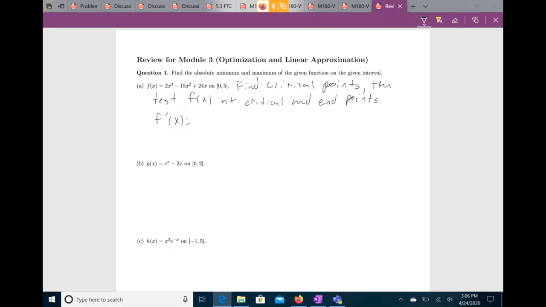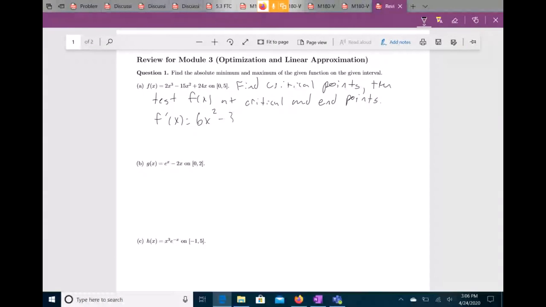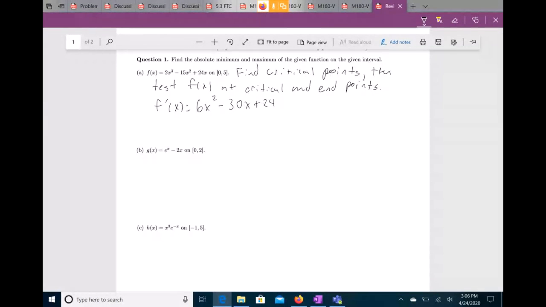Indeed, the derivative of 2x cubed is 6x squared. The derivative of 15x squared is 30x, and the derivative of 24x is 24. Okay, and we want to set this equal to 0.